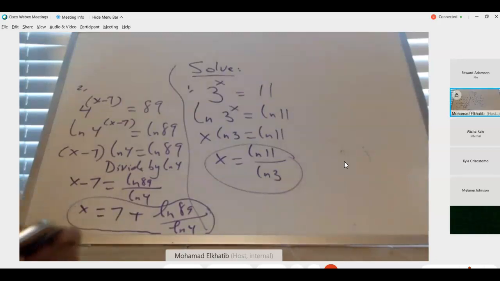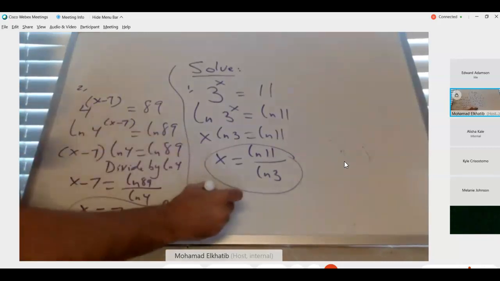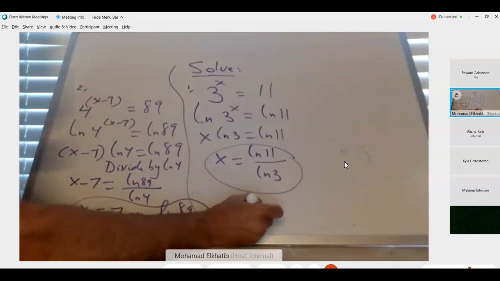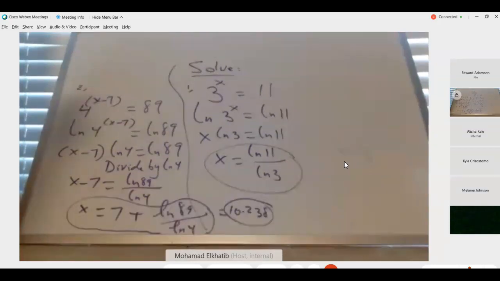So if I go to my calculator, just in case you guys want to know what we're talking about: ln 89 divided by ln 4. Then I'm going to add 7 to that. So the decimal answer is 10.238.